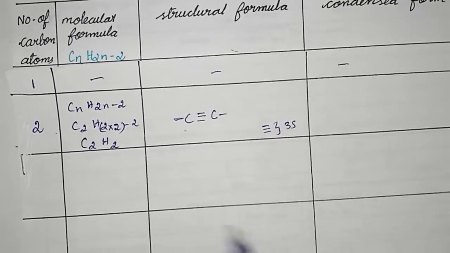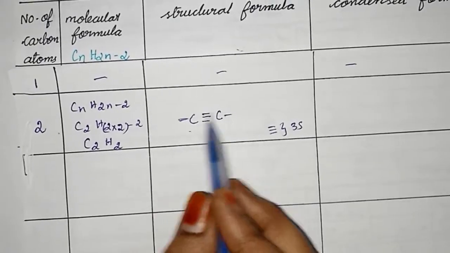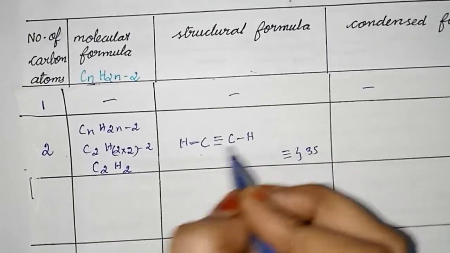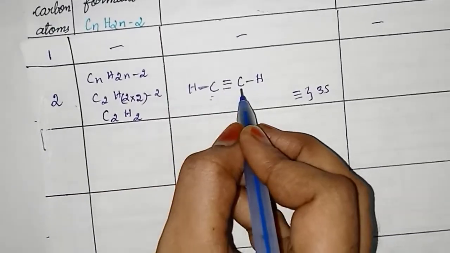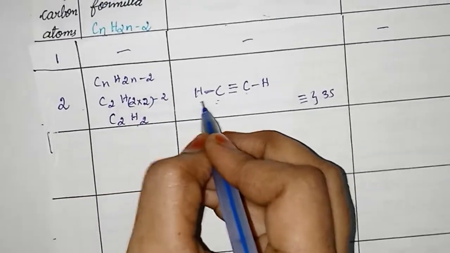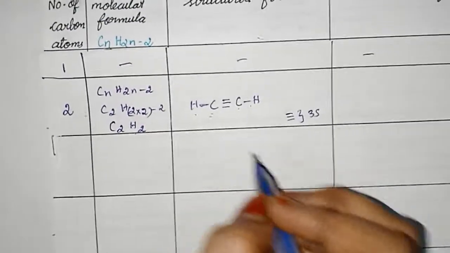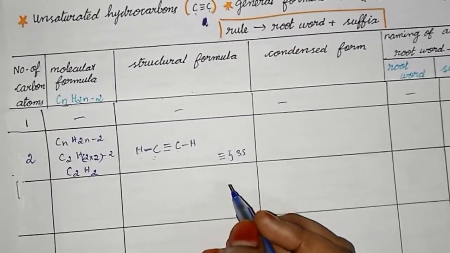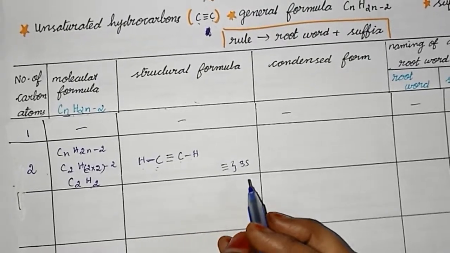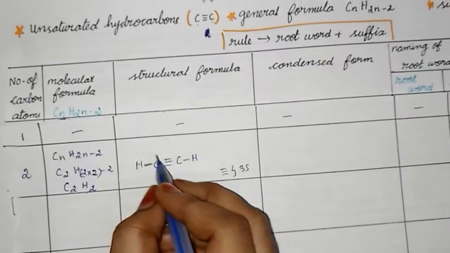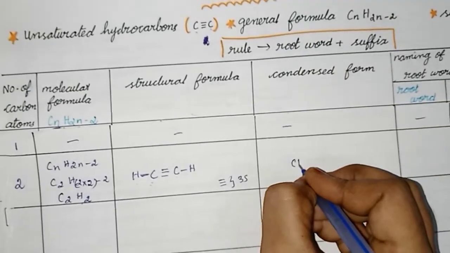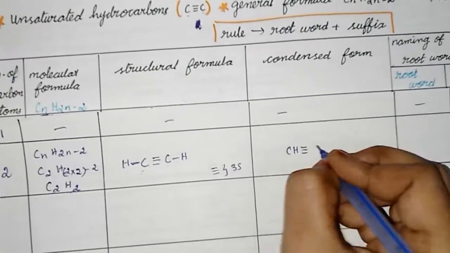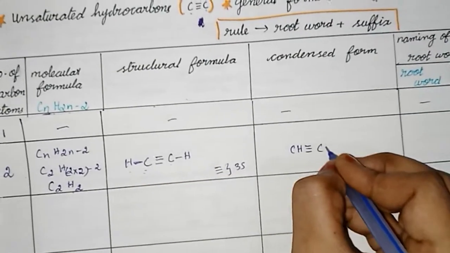Okay, next we add the hydrogen. This is the place for hydrogen, so we write the hydrogen here. Now C2H2, 1, 2. So this is the structural formula for C2H2. Okay. Next we write the condensed form. Condensed form: CH, and we denote the triple bond here, next CH.